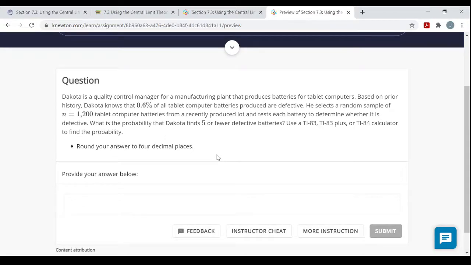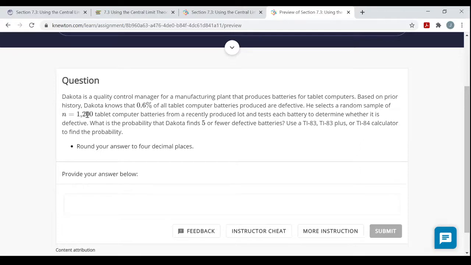All right, so this one I'll read through, and you have to round your answer to 4 decimal places this time. Dakota is a quality control manager for a manufacturing plant that produces batteries for tablet computers.